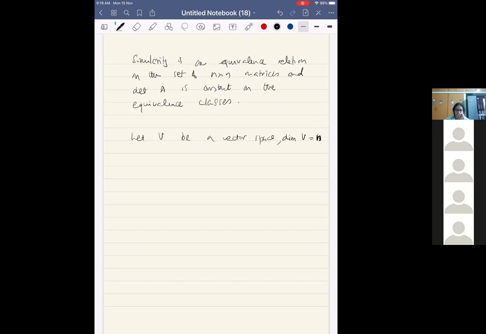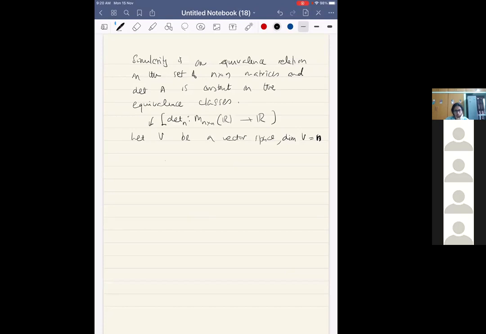So in particular, V is a finite dimensional vector space. So earlier we were dealing with det of n matrices, a function of this kind. So we are moving on from here.